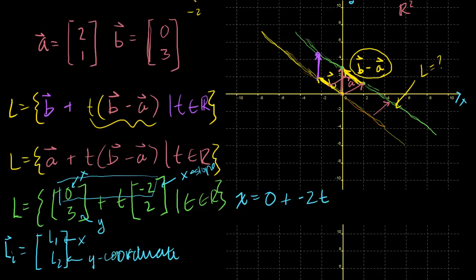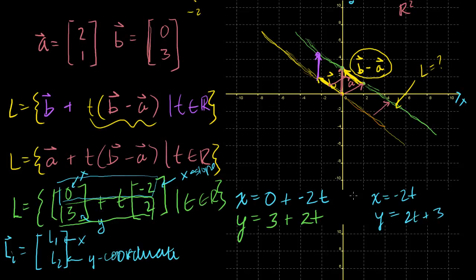And then we can say that y, since this is what determines our y coordinate, is equal to 3 plus t times 2, or 2t plus 3. So if you watch the videos on parametric equations, this is just a traditional parametric definition of this line right there.